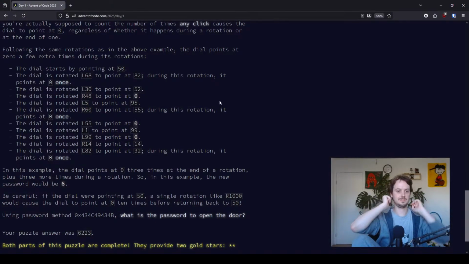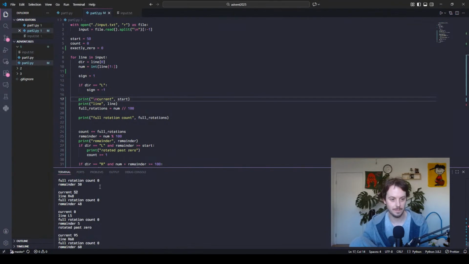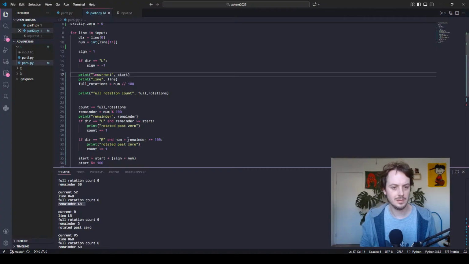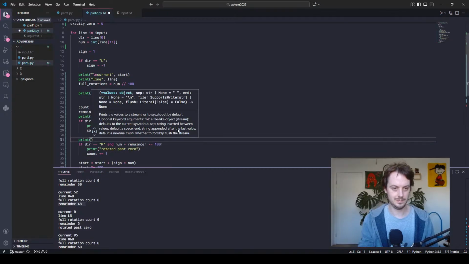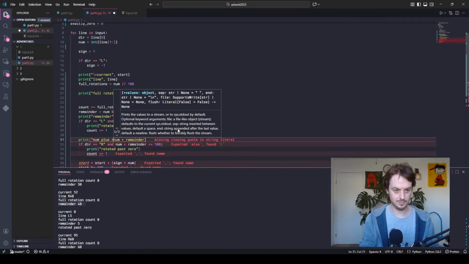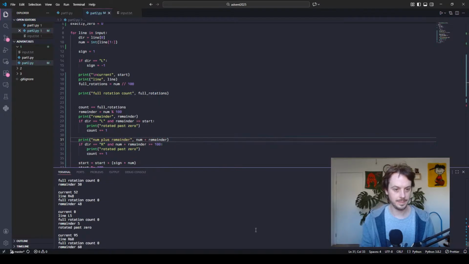Well, that's interesting. Rotated R48 to point at 0. So my remainder is 48. That was num plus remainder. Not 100.